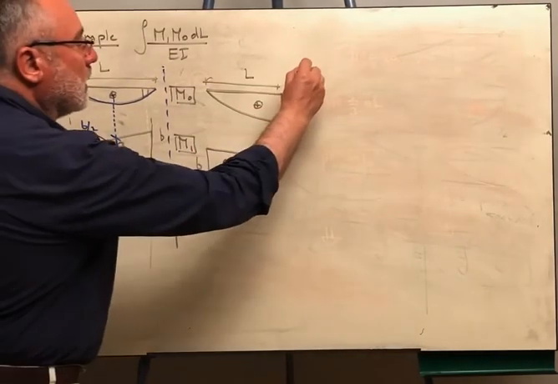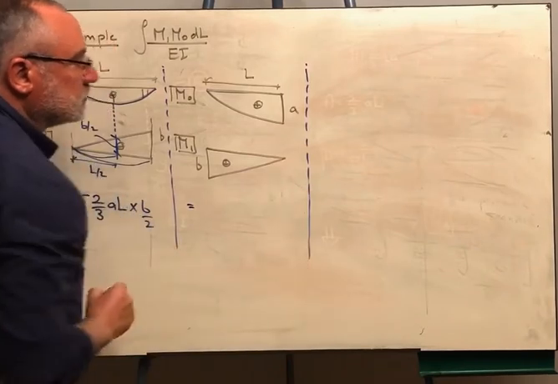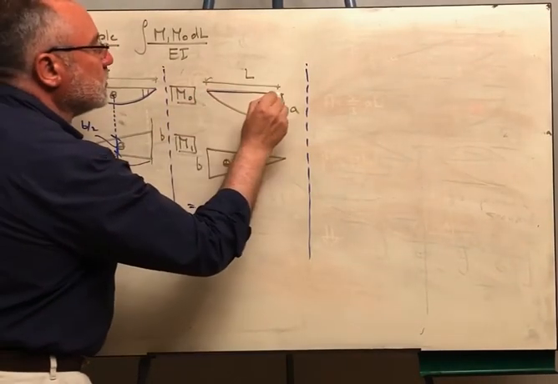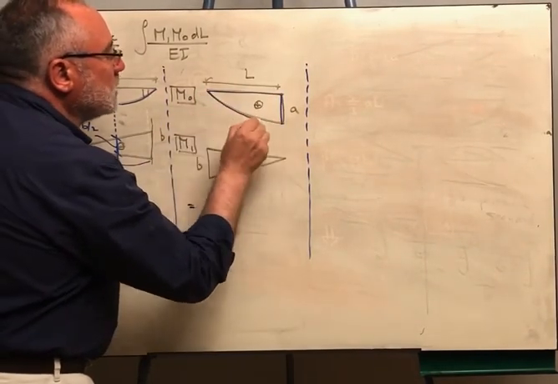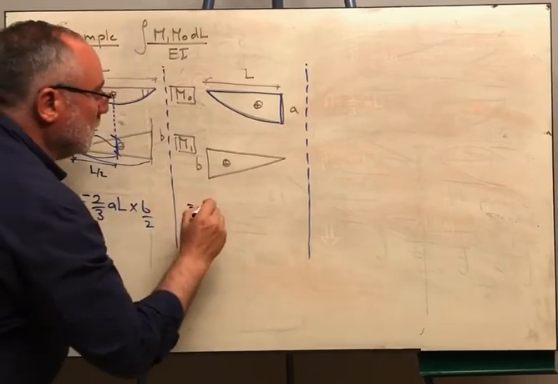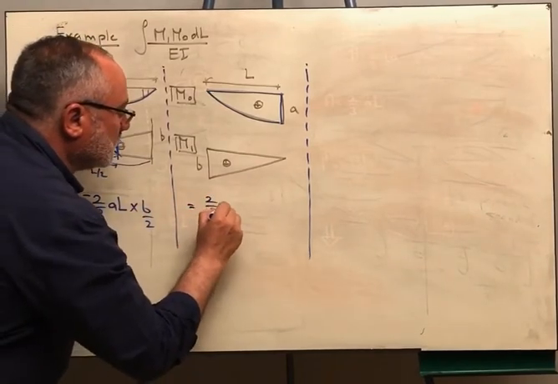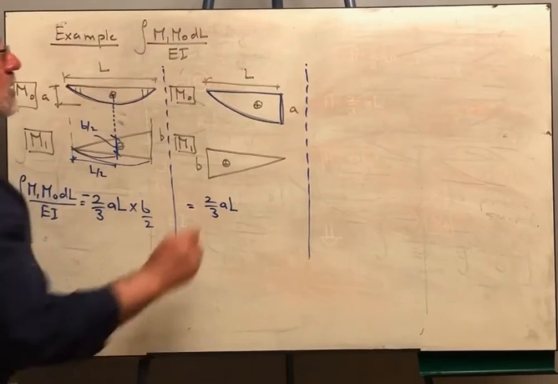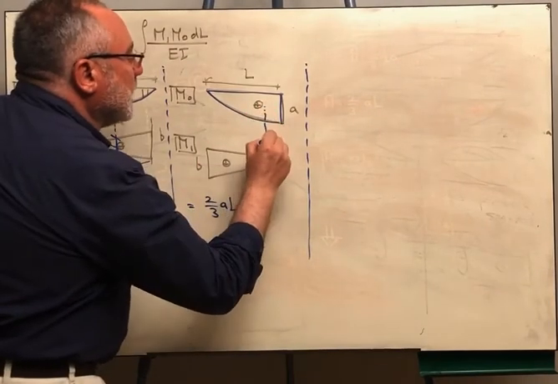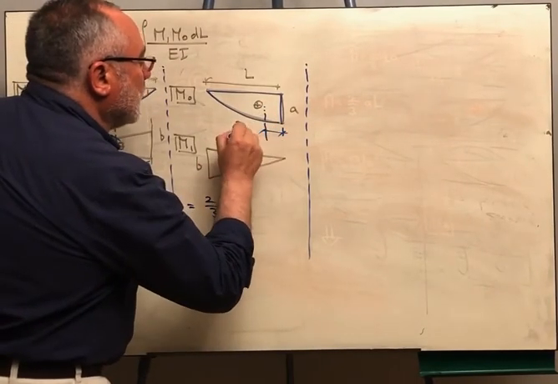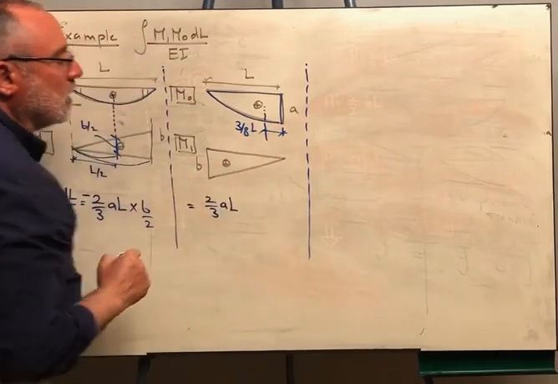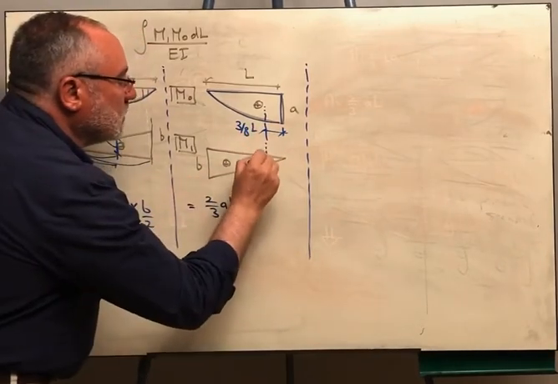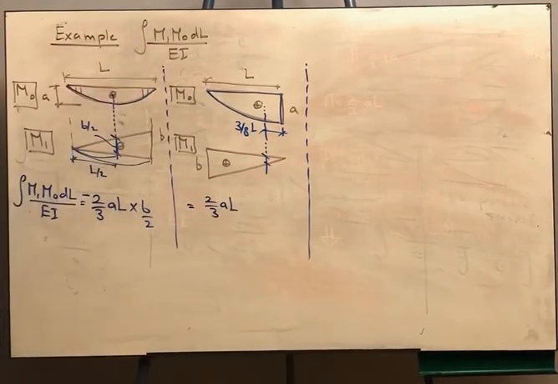Okay, what will be the magnitude of the integral in this case? The area of this diagram again is 2/3 base times height. So this is 2/3 base times height. The centroid is at a distance of 3/8 of L. So I want to get the corresponding ordinate. Okay?